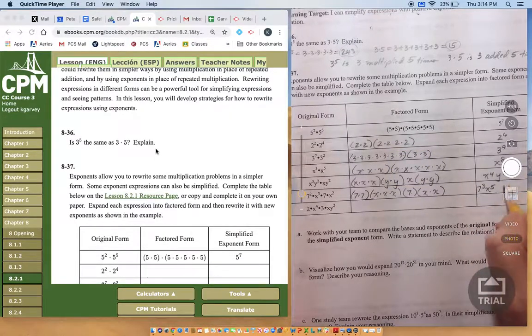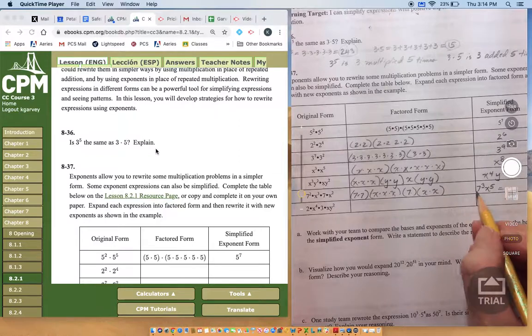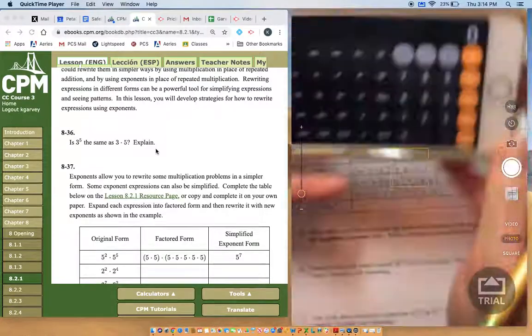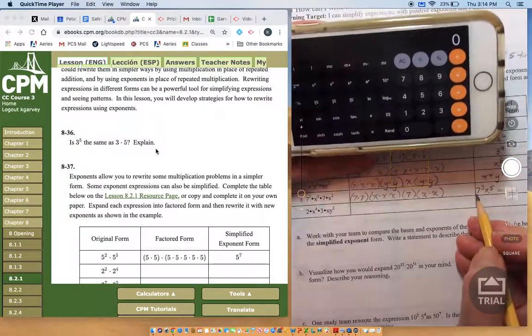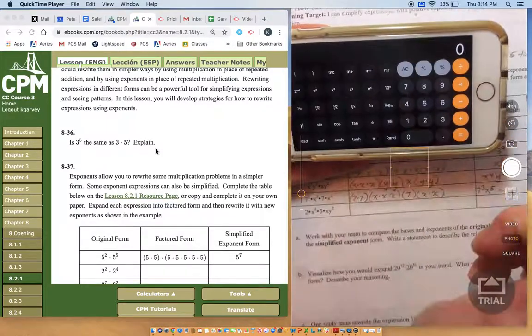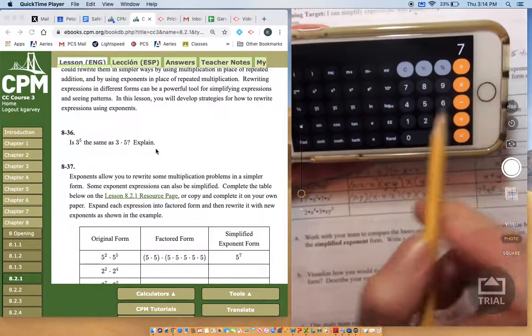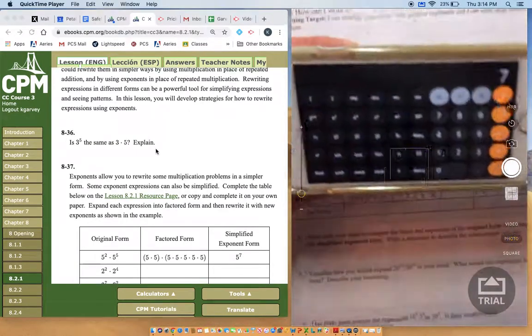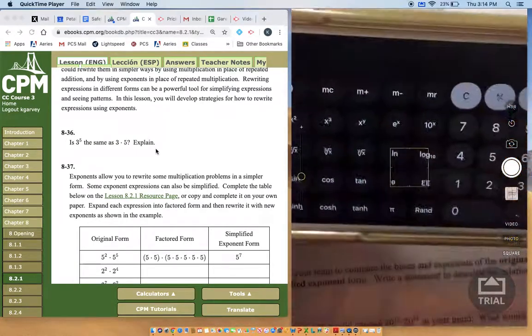Now usually when we simplify exponents, we don't leave numbers in that form. Usually what we do is we go ahead and multiply those 7's together and figure out what they are. So 7, I enter that first, and now I'm going to use this function. Let me zero in on that a little.